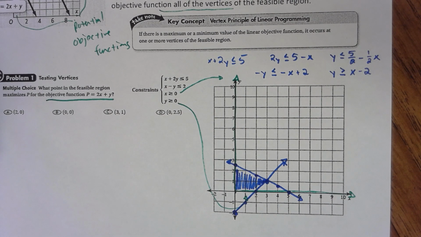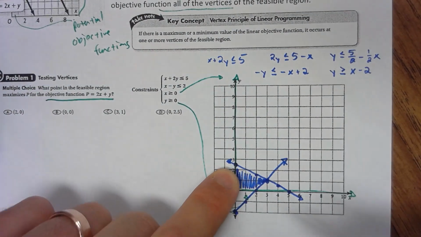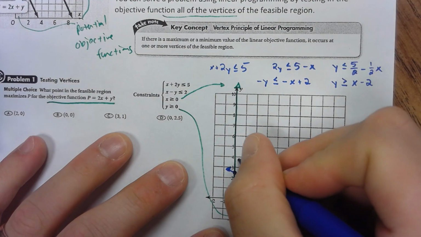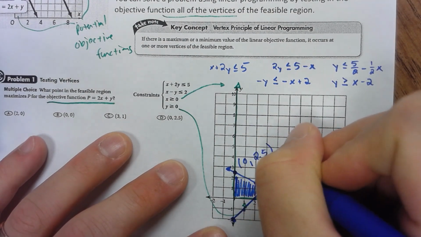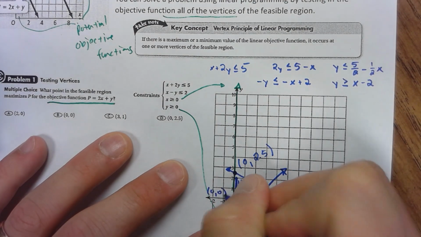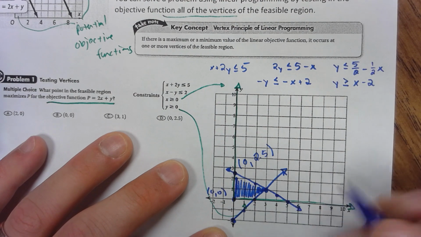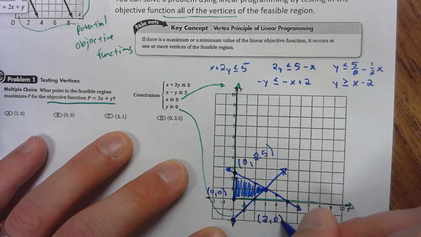So after graphing our feasible region, the next thing we'll want to do is take note of the vertices. So the vertices, we have one right here on the y-axis. Those coordinates are 0, 2.5. We have 0, 0. We have this point on the x-axis, which is 2, 0.